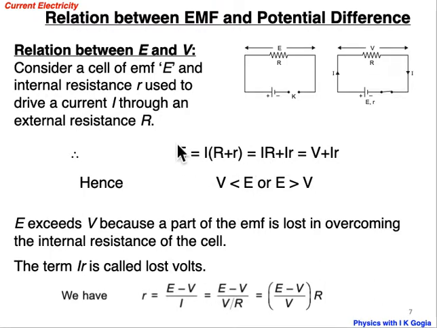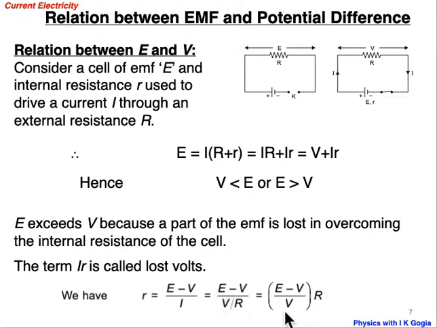A part of E, the EMF of the cell, is lost in internal resistance, I into small r. This is loss of potential across the internal resistance. I into small r is called lost volts. So rearranging, you can get the expression for the internal resistance as E minus V over I, or E minus V over V by R, because I equals V by R, where we have applied Ohm's law.